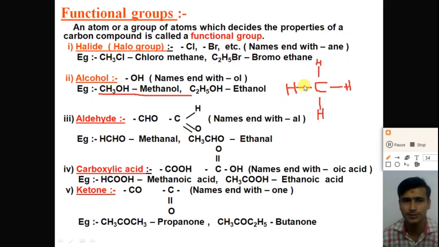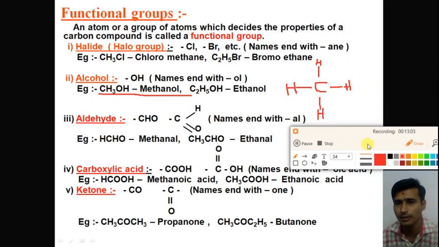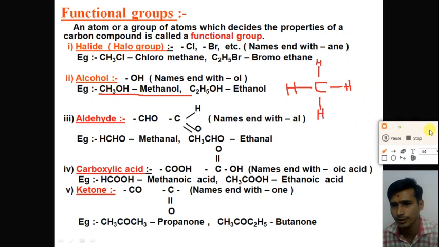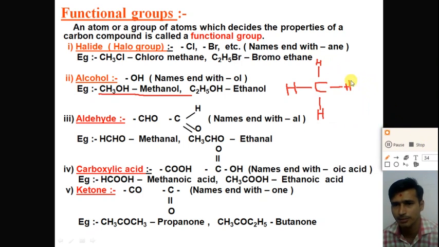So from this methane, if this hydrogen is replaced by an OH, so here the hydrogen is replaced by an OH. The molecular formula is CH3OH.